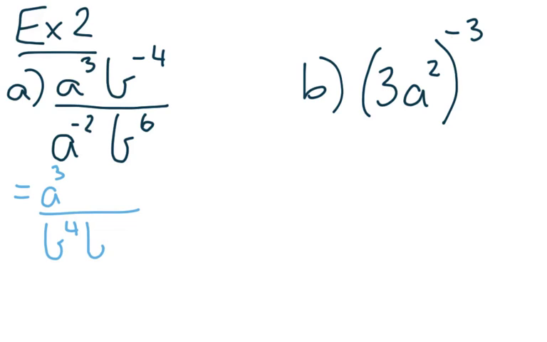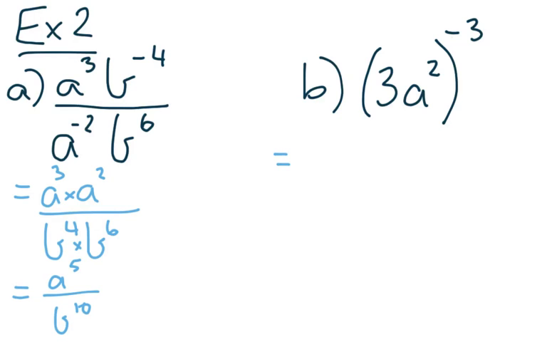The b to the power of 6 is going to stay on the bottom. And then the a to the power of negative 2 is going to come to the top to make it positive. And remember I said in the last example, there are little times signs between them. So when we get to here, we just use our index law 1, where we add the powers. So we'd have a to the power of 5 over b to the power of 10 as our final answer there.